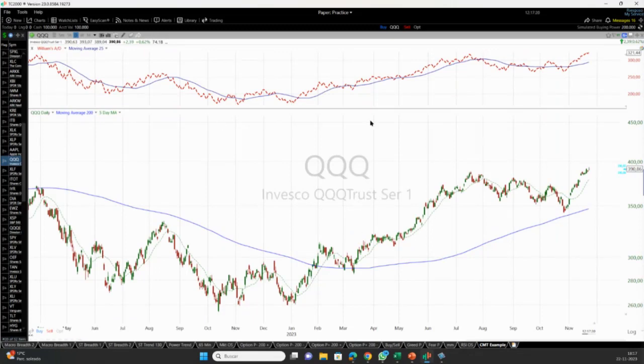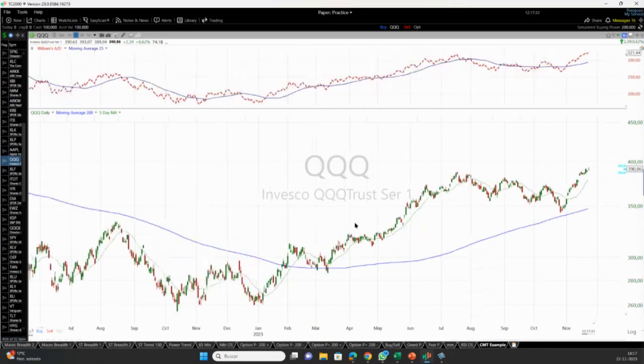So let's start now looking at a chart. I like to gauge the market first by its main trend, and for me it's the 200-day moving average. Basically, when the 200-day moving average is moving higher and prices are above it, it's a bullish market, and you should give it the benefit of the doubt.